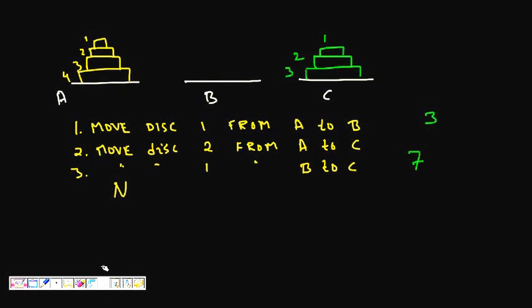Okay, so what it means, let's try to solve. I know that we solved it for 3 disks, so I know the steps. Now we need to solve it for 4. We already know the solution for 3 disks, how to move them from source to destination.